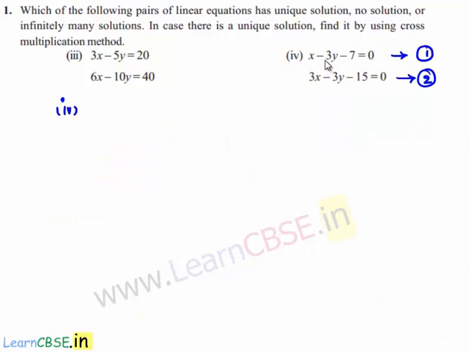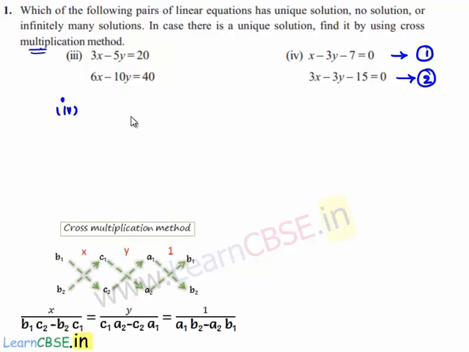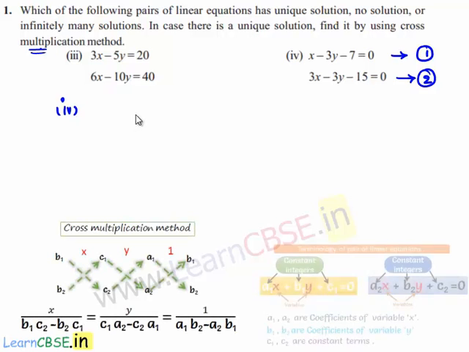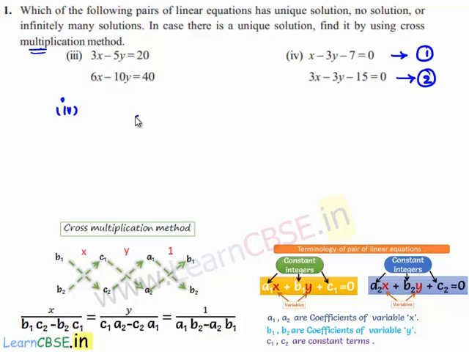Since the given set of linear equations have unique solution, we must find the solutions, namely the x and y. So it is by cross multiplication method. For cross multiplication method, we need to draw the following diagram, which is x, y, 1.